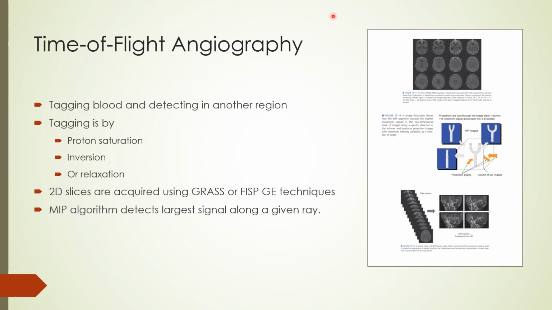A maximum intensity projection algorithm is used to detect the largest signal along a given ray through the volume and places this value in the image. The middle image is an illustration of the MIP or maximum intensity projection process. The bottom image is a resulting magnetic resonance angiography image from the MIP process, and that's this image.